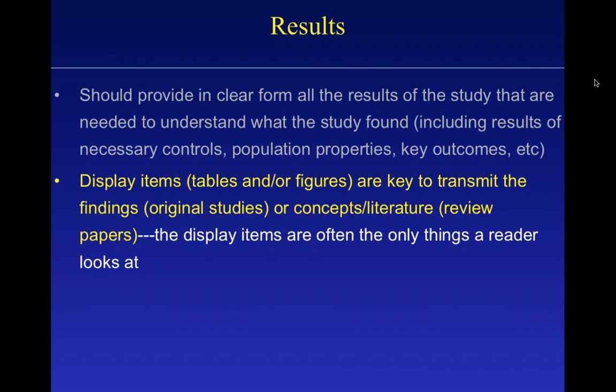If it looks interesting, they'll open up the abstract. Then they may only look at the figures or tables, which are often available on PubMed, even without actually looking at the article itself. And even if they do look at the article, they're much more likely to look at the display items, and only if they need information that's specific to certain aspects will they read the paper.